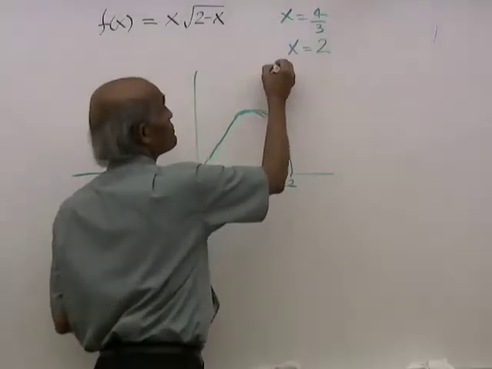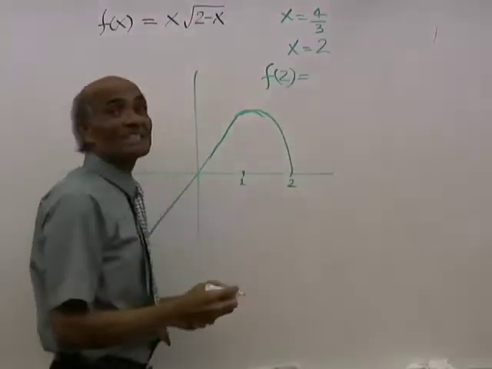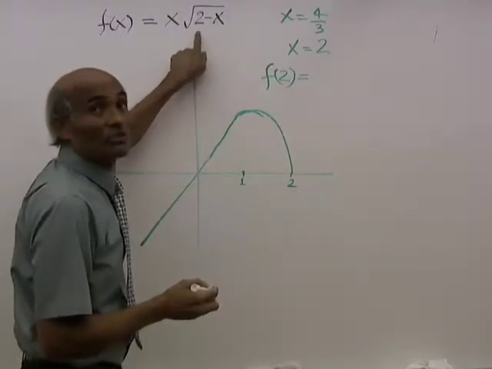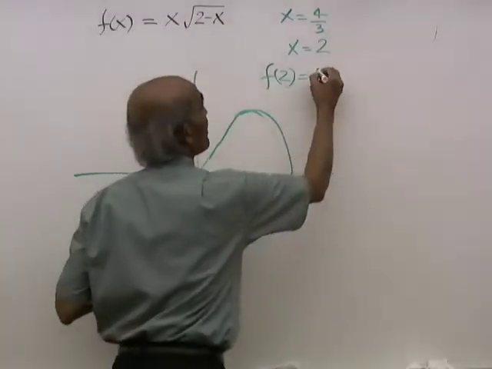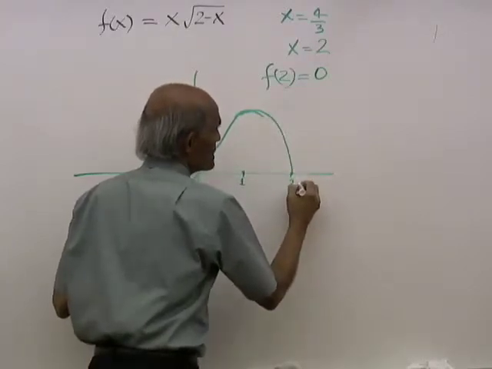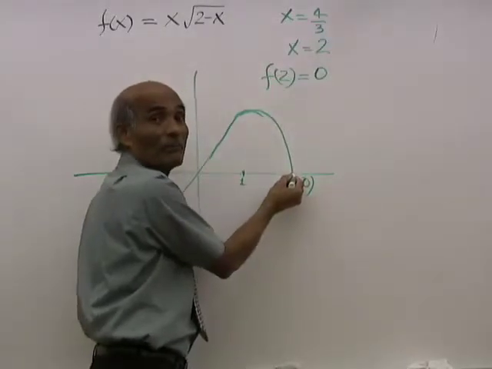What is f of 2 equal to? Can you look at the function and tell me? If you put x equal to 2, this will be 0. 0 times anything is 0. Therefore, f of 2 equals 0. So this point, 2, 0, is a relative minimum.